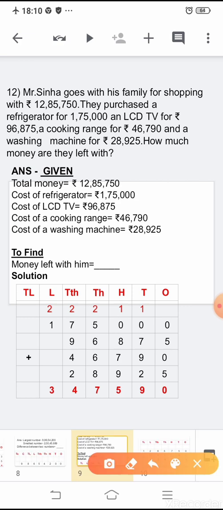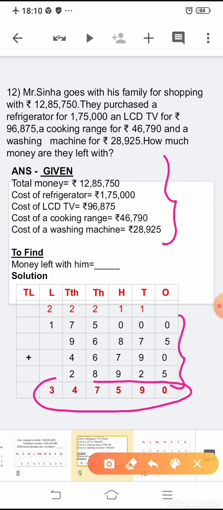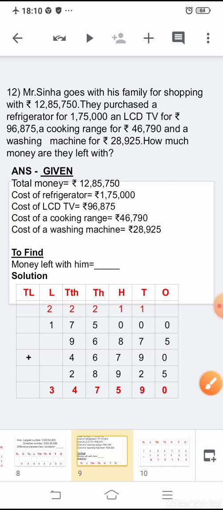Now here what you have to do is you will first write the statements in the form of whatever is given, that is the cost of all the items and the total amount he had. Now when you add the cost of all the things, you will get the total amount Mr. Sinha has spent. Now what you have to find out is how much money is left with him.